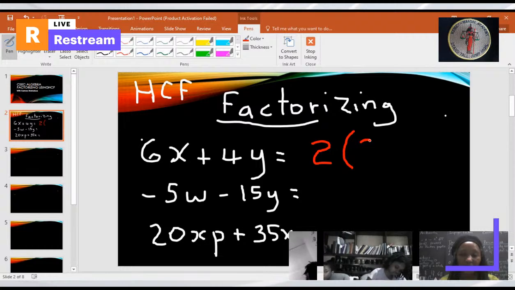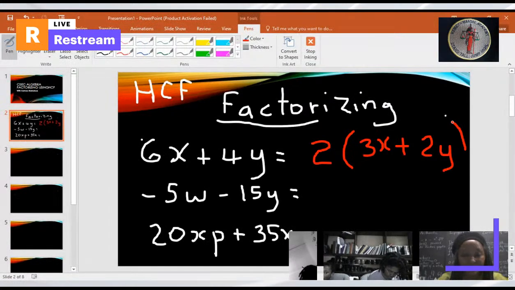And we put back our plus sign, and 2 goes into 4y, 2y, because 2 into 4 goes 2. Ta-da! That's it. We have factorized. That's as simple as it is.